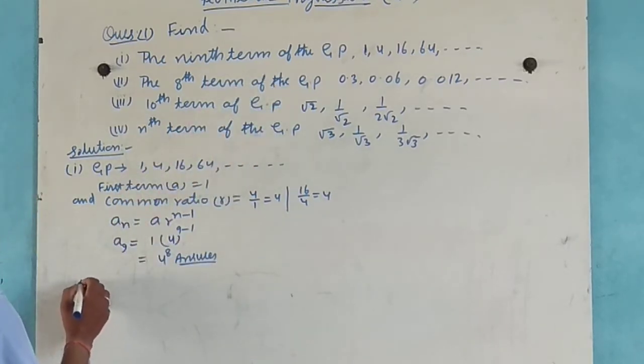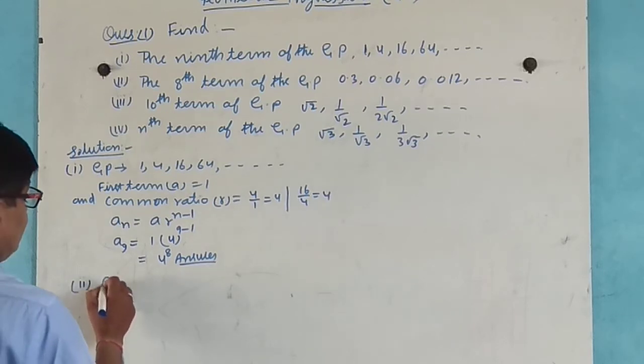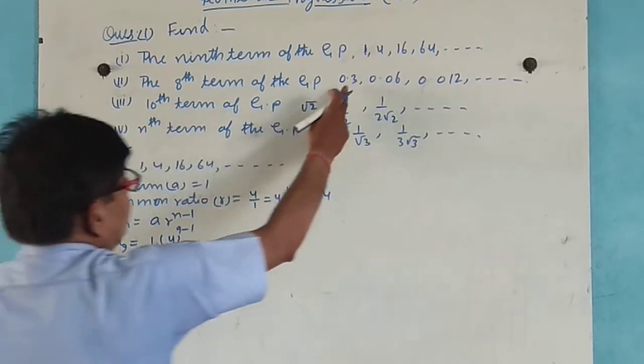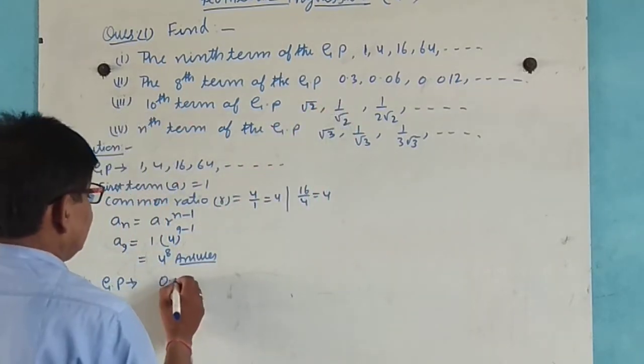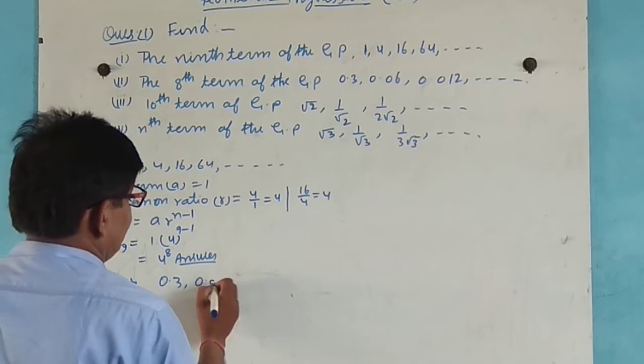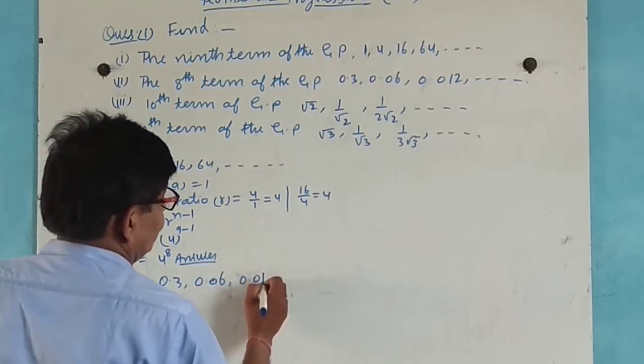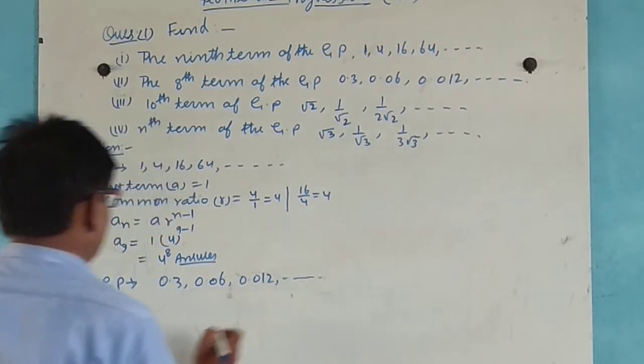Now the second part. The GP is 0.3, 0.06, 0.012 and so on.